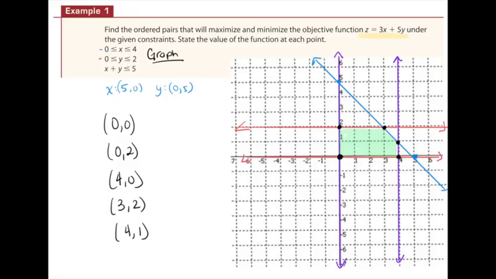So now I'm going to take this function, and I'm going to say 3x plus 5y equals z, some number z that I don't know. And I literally just plug it in. So I take the 0, 0. 3 times 0 plus 5 times 0 equals clearly 0. Plug in my 0, 2. And I'm going to do this for all 5 of these.